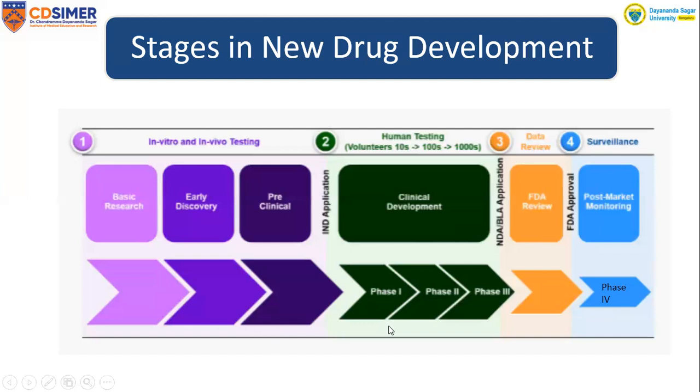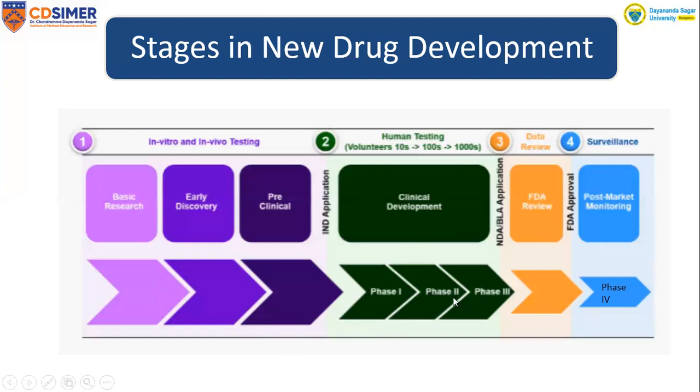So once the drug is found to be safe in healthy volunteers, then it is important for us to do the testing in the targeted patients. Targeted patients means which disease, whether it is myocardial infarction patients, allergic rhinitis patients, Alzheimer's disease, or a particular cancer.